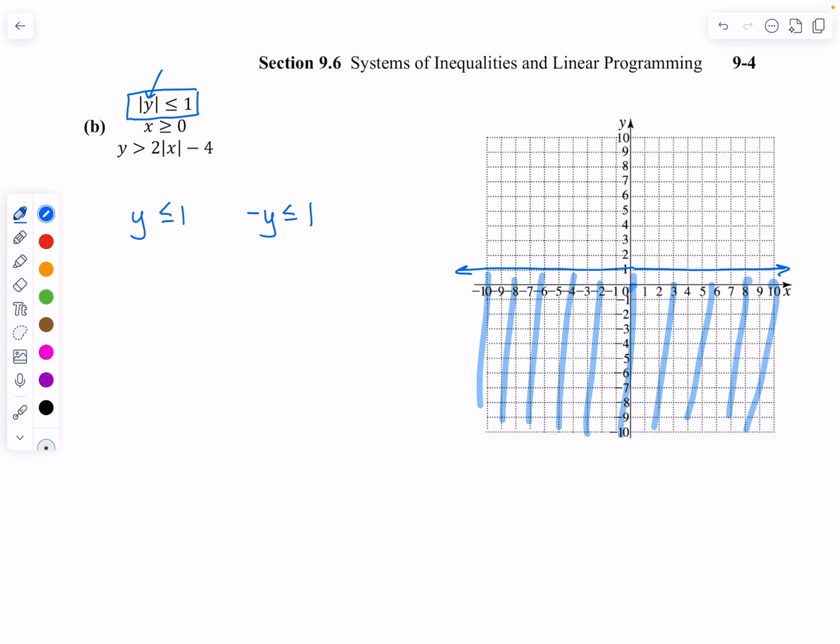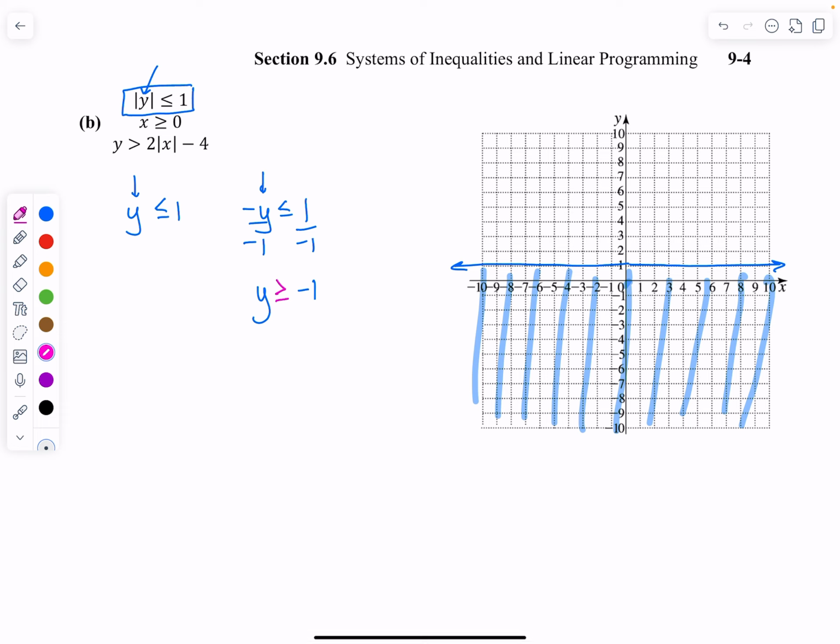So you may have done this before in another math class where you did absolute values and you wrote whatever was in absolute value as a positive and then as a negative. I'm going to solve this one. So I'm going to have y and I'm going to have a negative 1, but this time I had to flip it. Right? And again, don't fill this in yet.